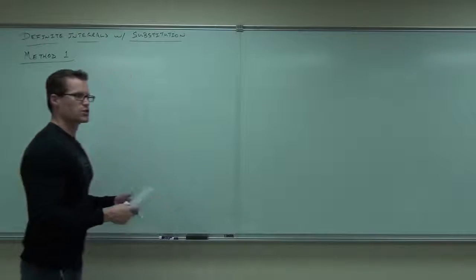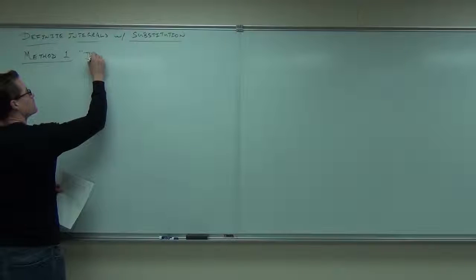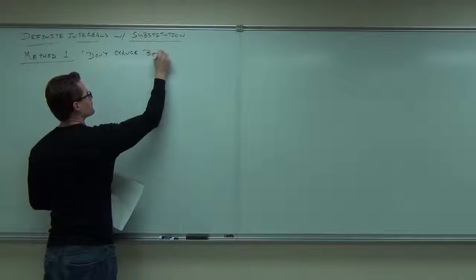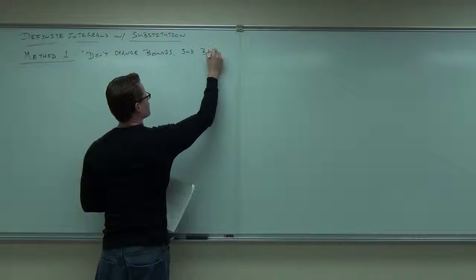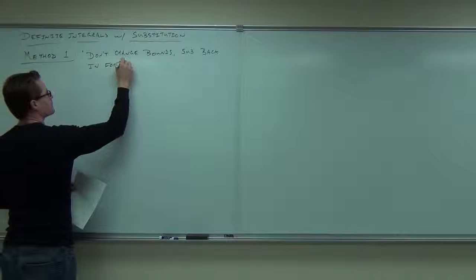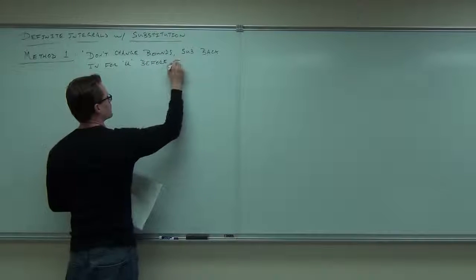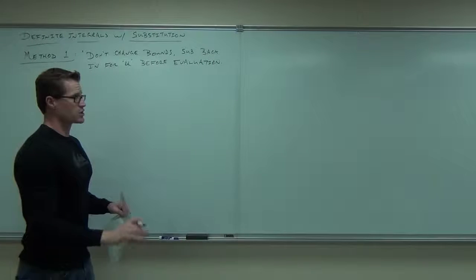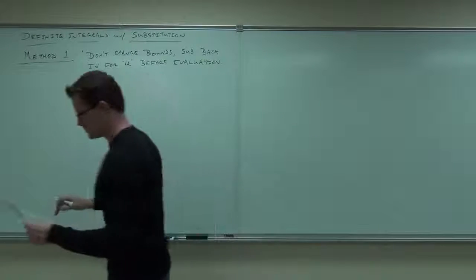So method number 1 is don't change bounds, sub in for u at the end. And you'll see exactly what I mean on this example.